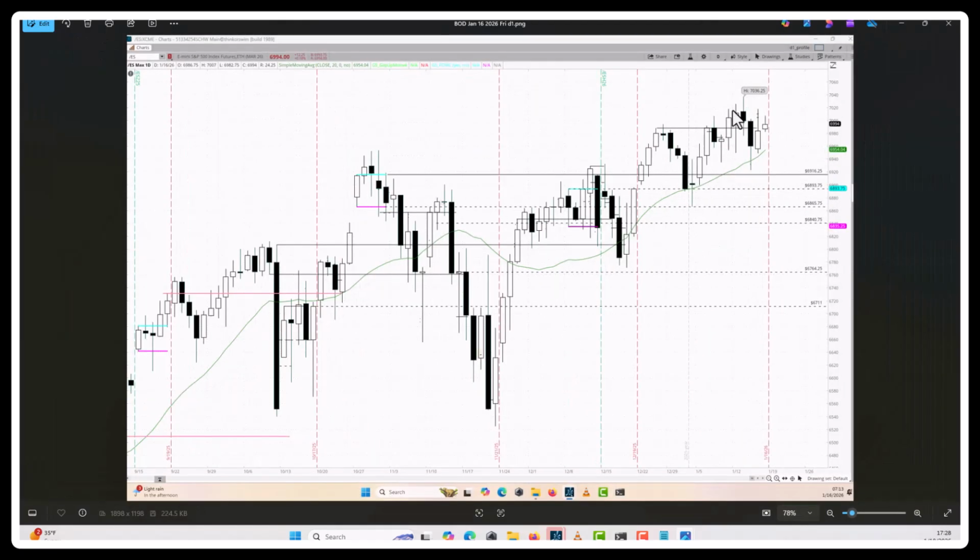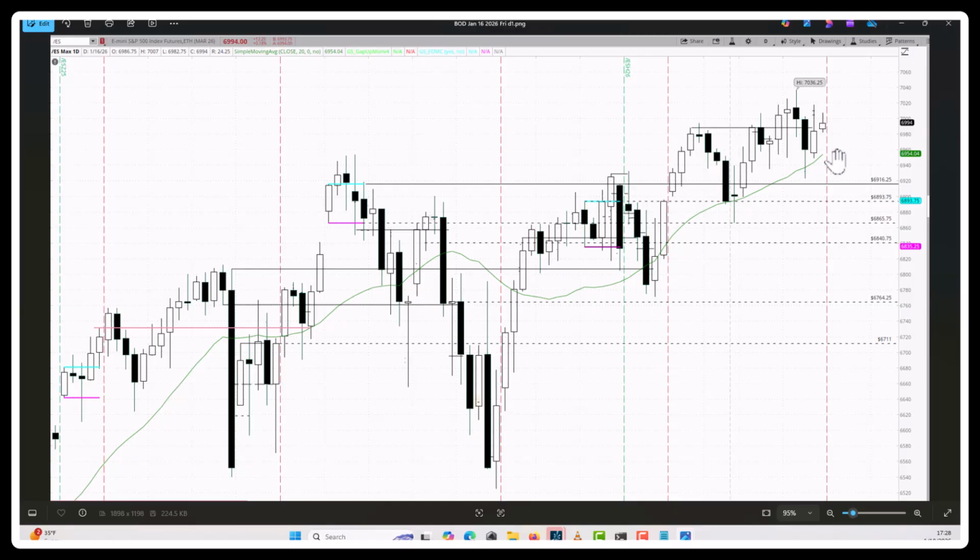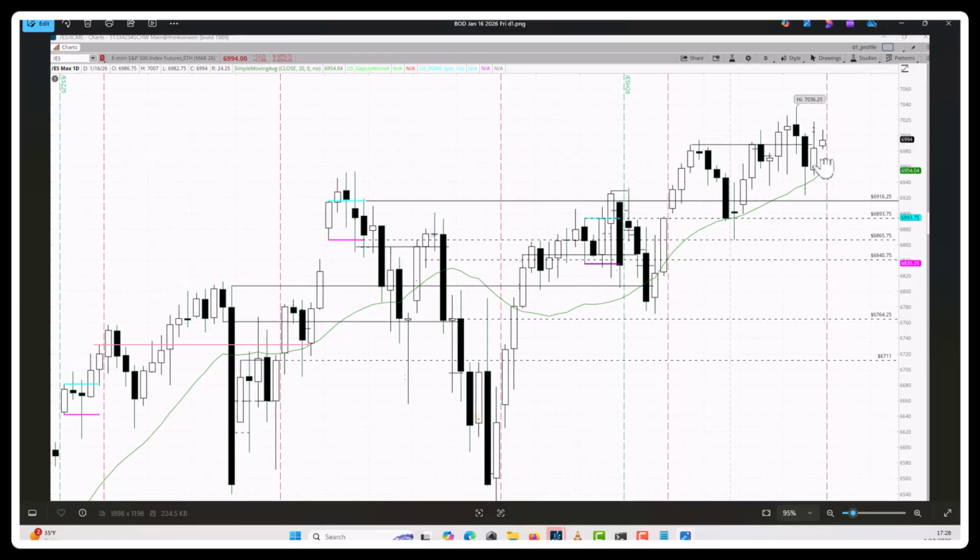See that level, right? Touch from above, break, and then now touch from below. Wow, it looks bullish going into Friday. Maybe it's an up close. Otherwise you want it to be follow through, but this one is touch from below, so it's a bullish signal for Friday right there.